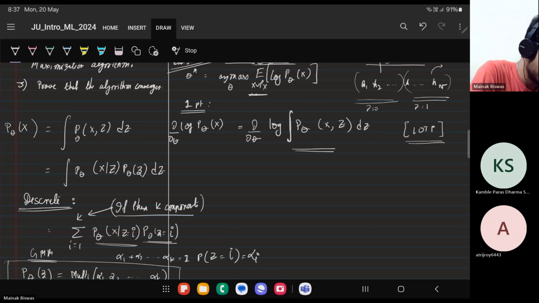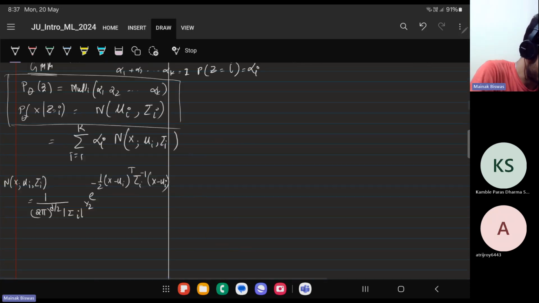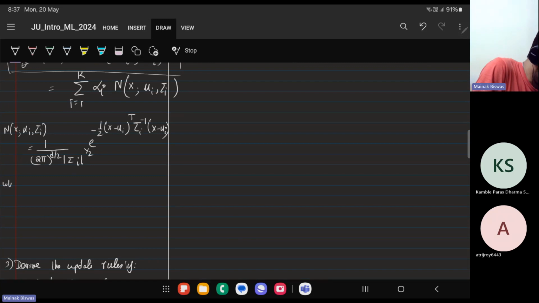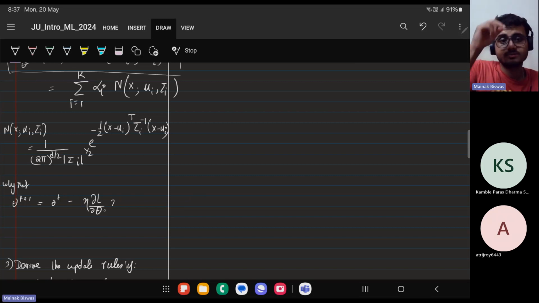If I can do gradient descent, then we write log of summation i equal to 1 to k p theta of x, z equal to i. Why not do theta t plus 1 equals theta t minus eta dl d theta? Can you tell me why?